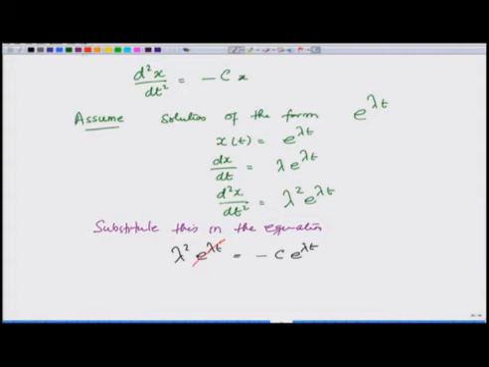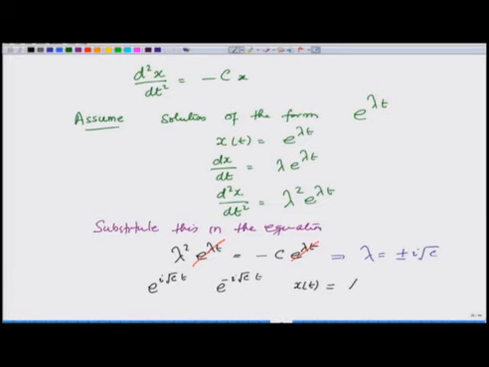These two terms cancel, and I get lambda equals plus or minus I root c, and therefore, the general solution is either of the form e raised to I root c t or e raised to minus I root c t, and the most general solution is going to be a combination of the two.